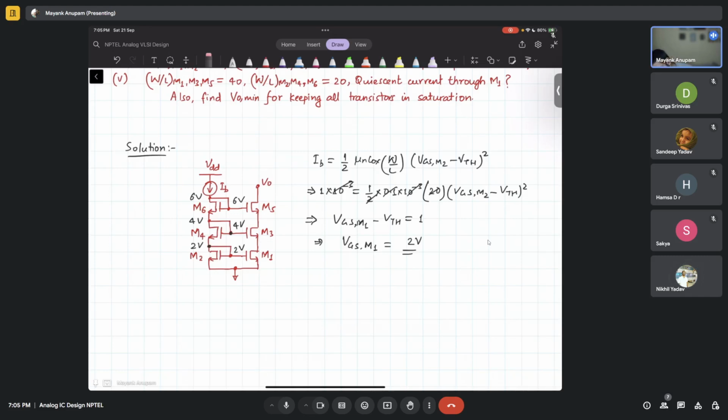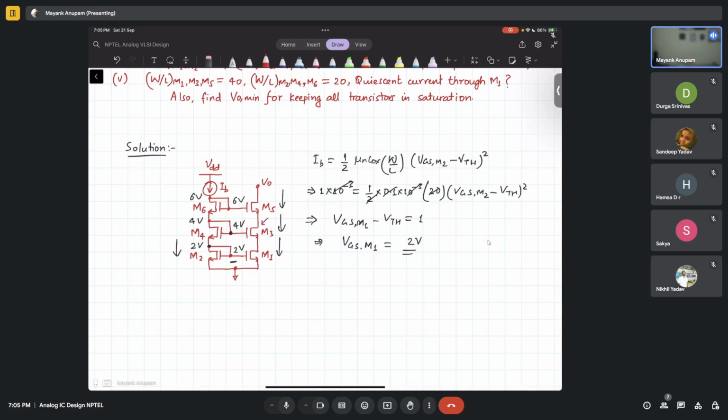The current through all the three MOSFETs has to be same, right? The current through this MOSFET is how much? The same as this current. The gate is same, right? So this drain voltage we cannot directly find out, right? Because we have assumed channel modulation is not present. So we have to look at the upper MOSFET, this M3.